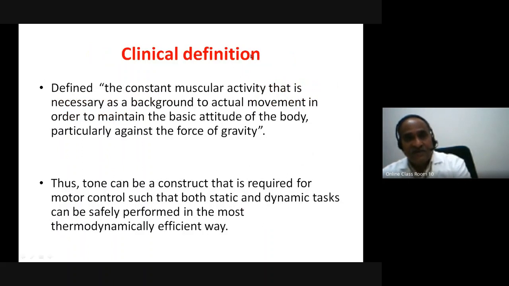The clinical definition defines it as the constant muscular activity. Now you can understand that it is an activity, constant muscular activity that is necessary as a background to actual movement in order to maintain the basic attitude of the body, particularly against the force of gravity.